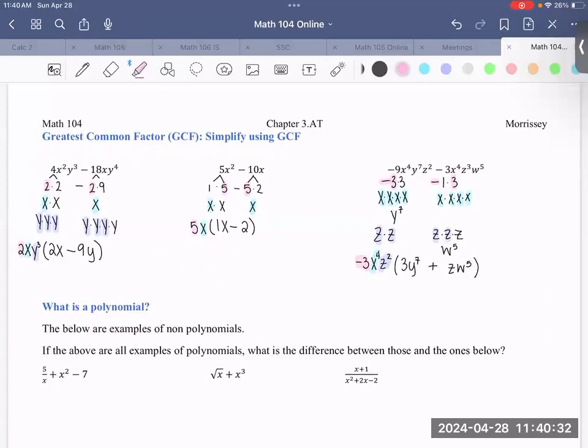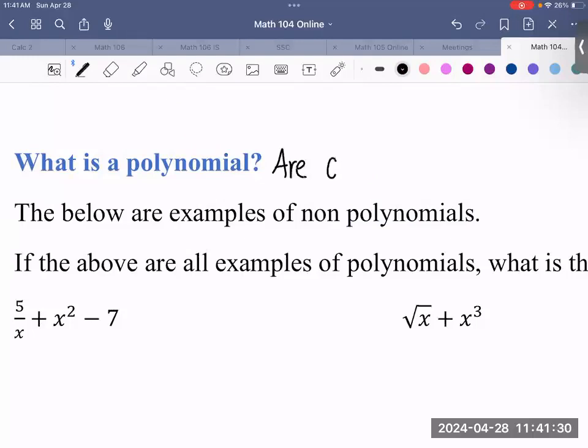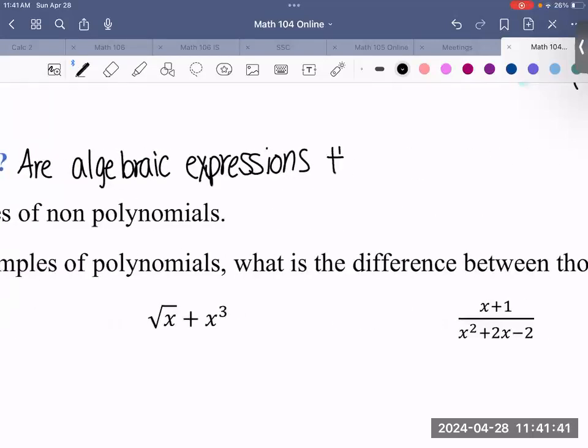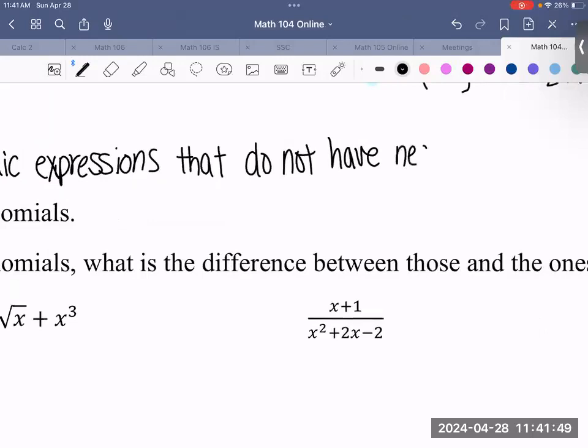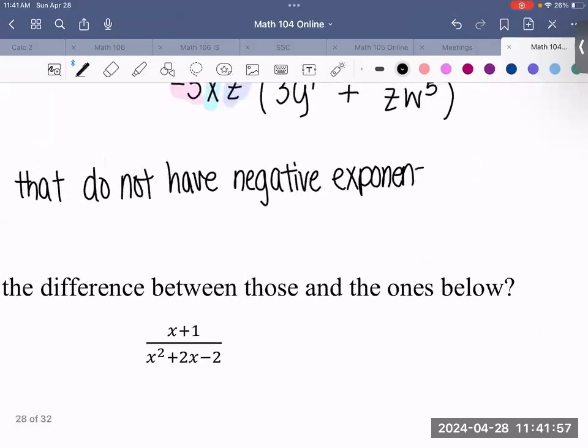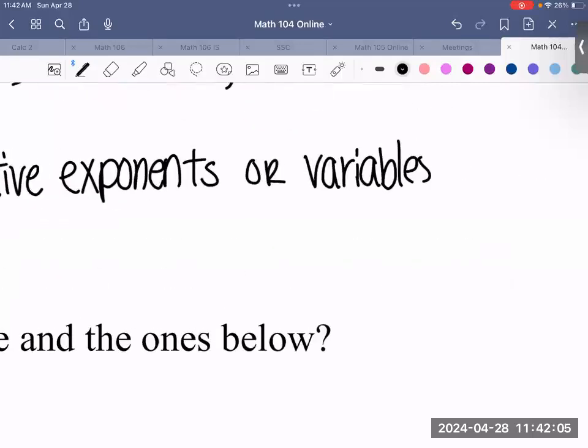Now, what is a polynomial? Algebraic expressions that do not have negative exponents or variables in the denominator.